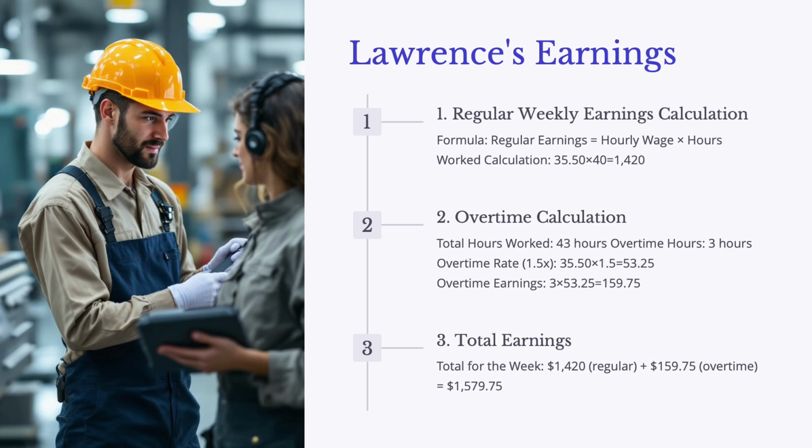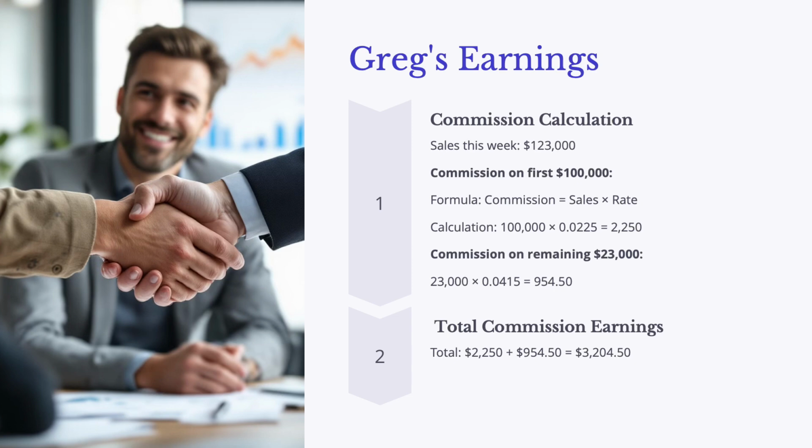Adding his regular and overtime earnings, Lawrence's total earnings for the week are $1,579.75. Greg is paid a commission based on his sales for the week. He earns 2.25% on the first 100,000 and 4.15% on any amount over that. This week, he made $123,000 in his sales. For the first 100,000, his commission is $2,250.